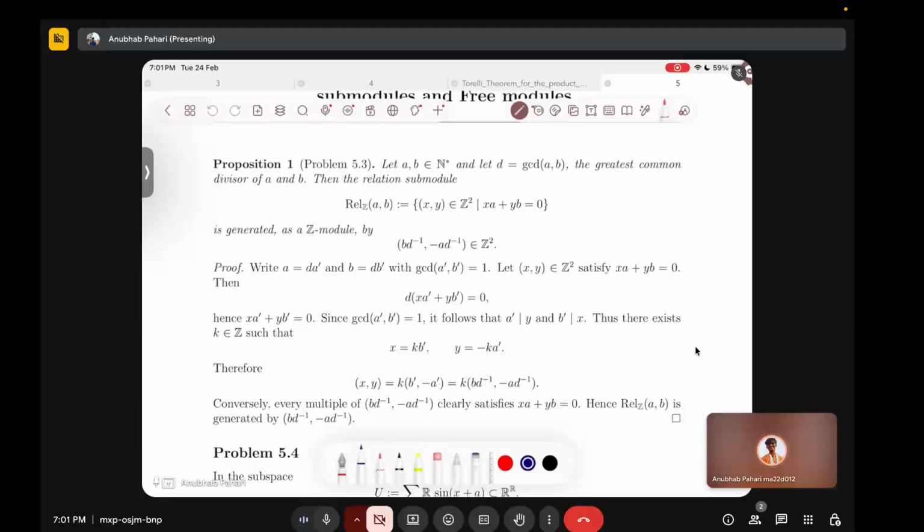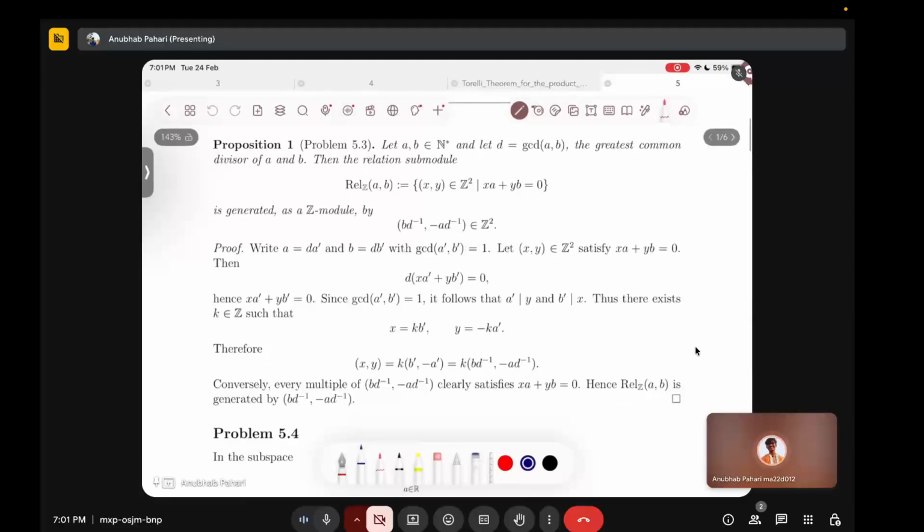Is generated, this relation sum module is generated as a Z module by (b d inverse, minus a d inverse) from Z^2. So we have to prove that this relation sum module is generated as a Z module by this kind of elements.